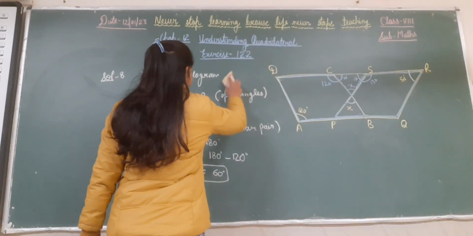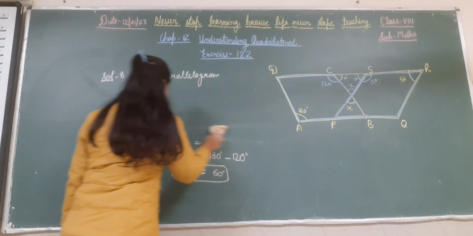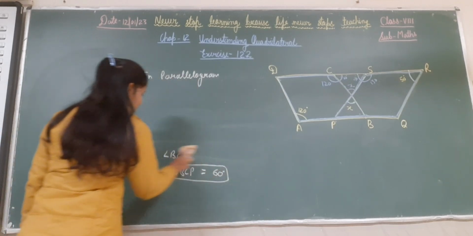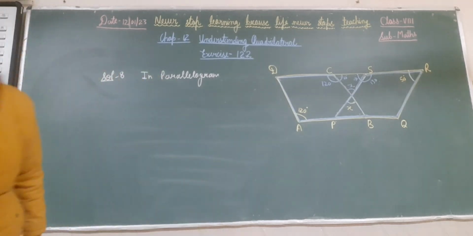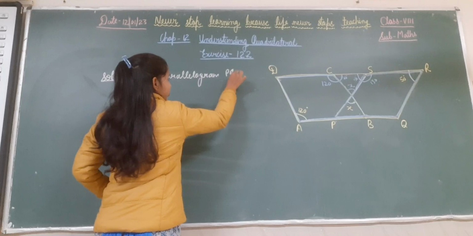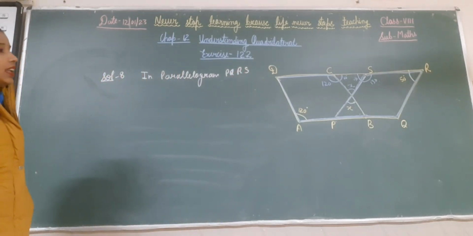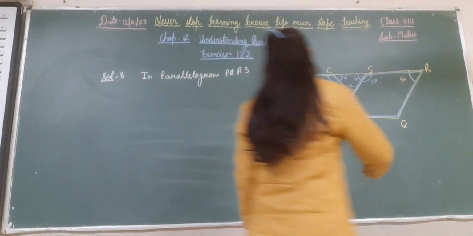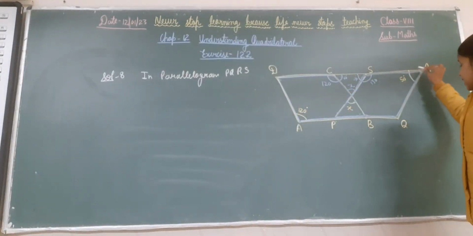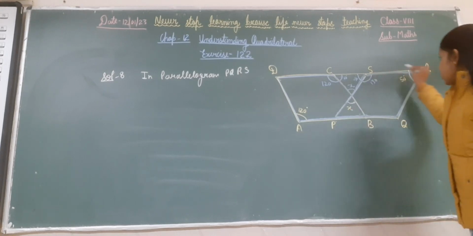Now in parallelogram PQRS. So we know that angle R, that means angle SRQ plus angle PSR.